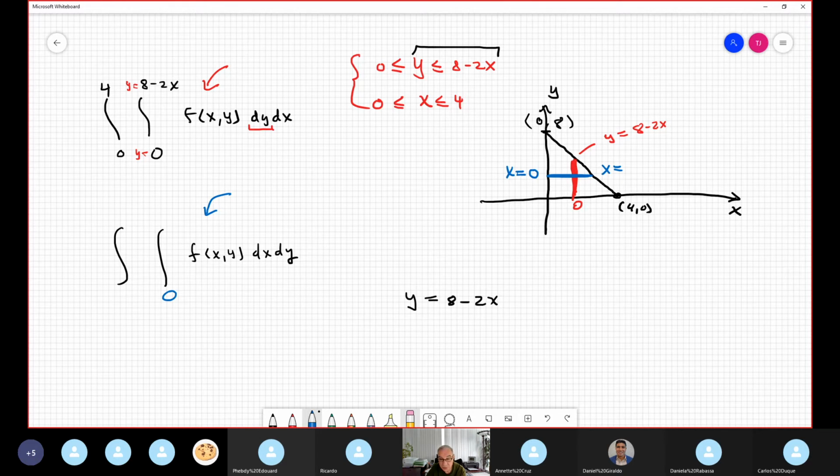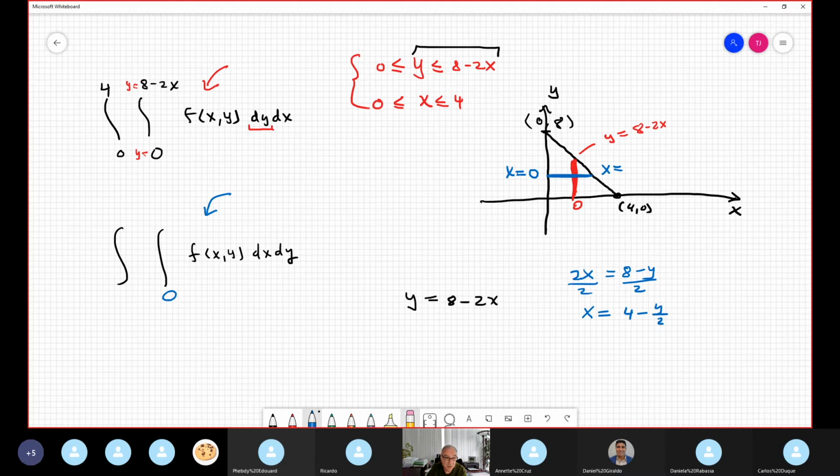So I take the equation for the line, I isolate the x. For example, I move 2x to the right, equal a, stay here, minus y, divided by 2. X alone is, leave it like that, or separate if you want, a divided by 2 is 4 minus y over 2.